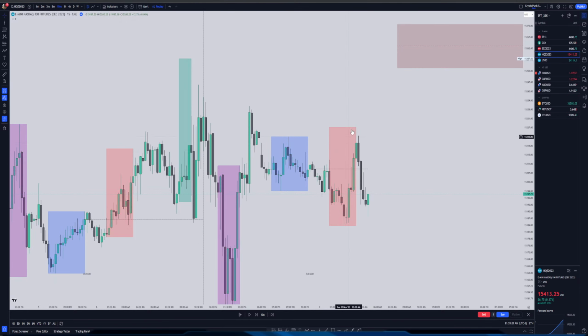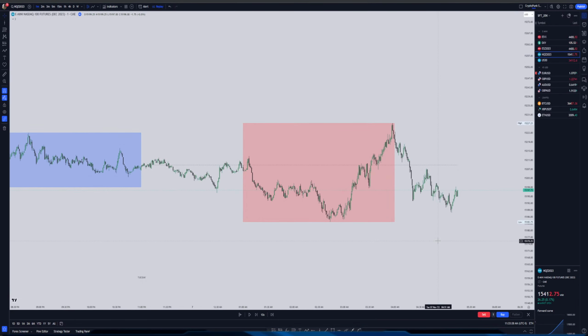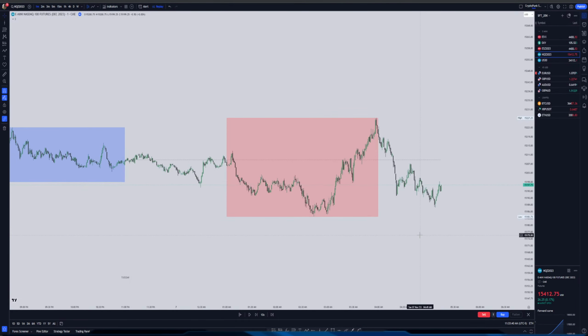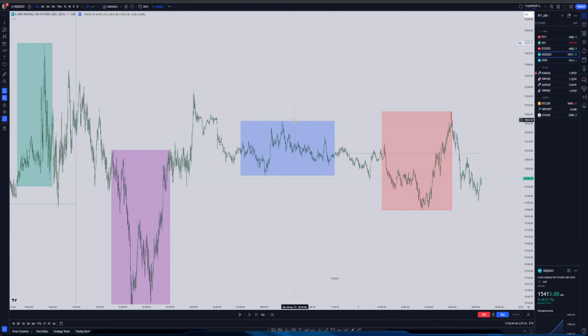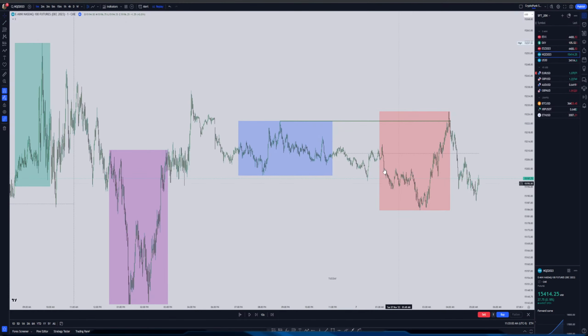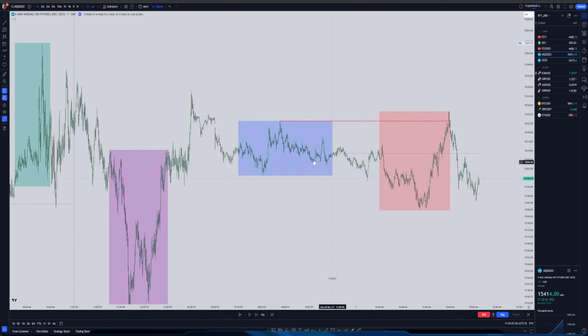Okay, now in 15 minutes it looks something like this, but in 1 minute, let me give you where I entered. It created a low. Okay, let's start from here. There are some 15 minute fair values on the left as well, but it took that high. Okay, the Asia session's liquidity has been taken during this moment.